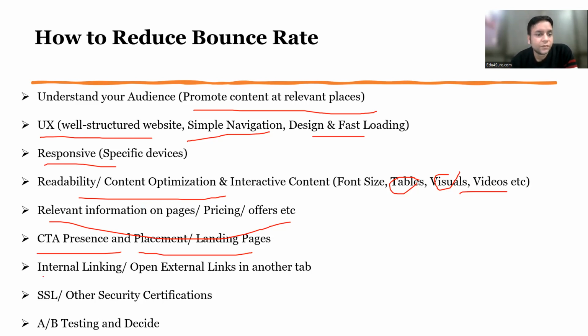Internal linking should be there. We have seen the content should have internal linking. I think we have discussed it a lot. For example, somebody is opening a page. Okay, let me take you through this way. Let me show you once.